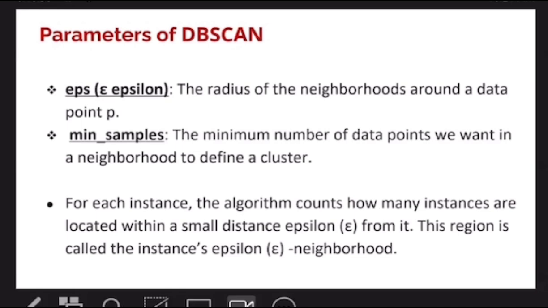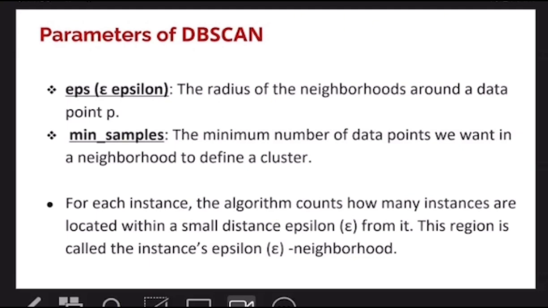So that needs to be known. Now, another parameter is the minimum number of data points. When I say data point here, I mean locations where crime occurred, maybe a burglary or whatever. So we have minimum samples, meaning the minimum number of data points we want in a neighborhood to define a cluster. Does that make sense to everyone?